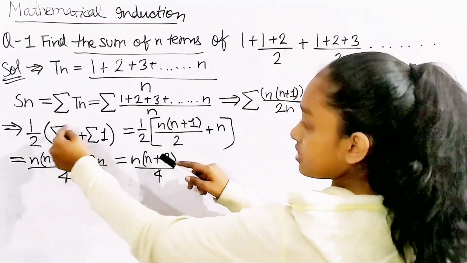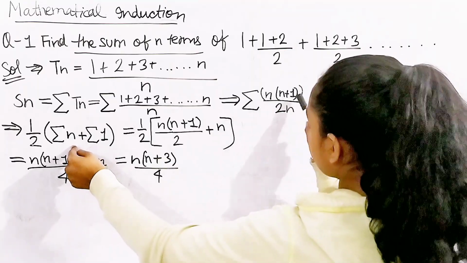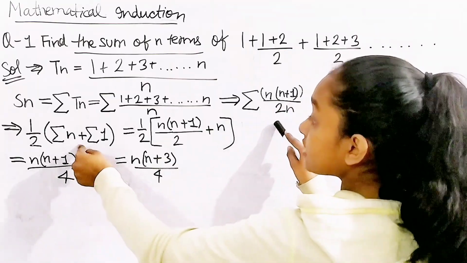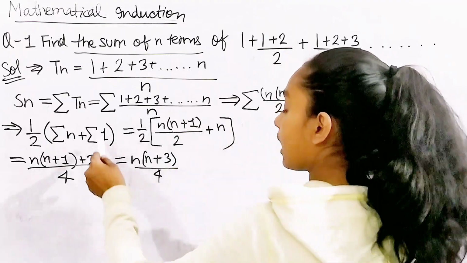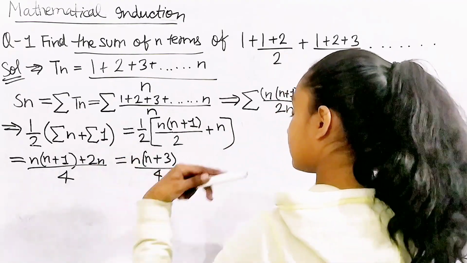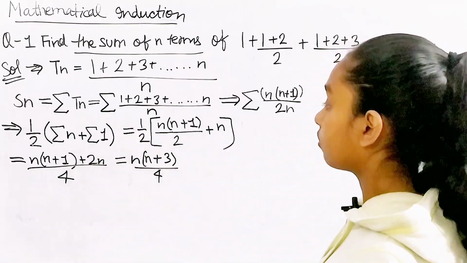what was the sigma n? It was just this: n plus 1 upon 2, plus n. Got it? Plus n, at the place of 1. It's really easy.